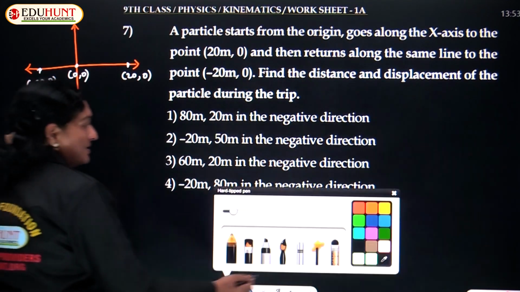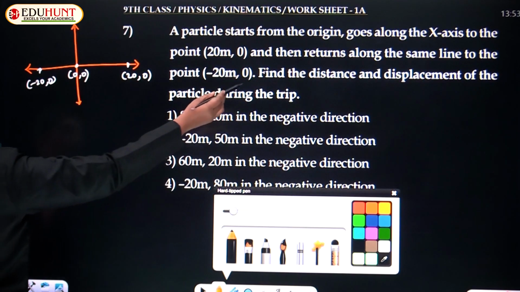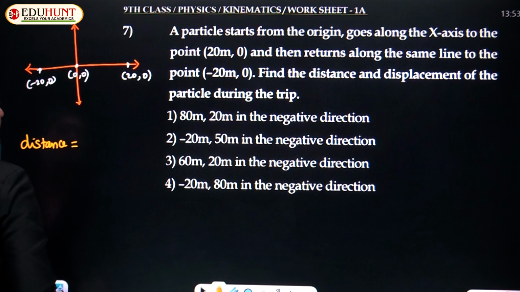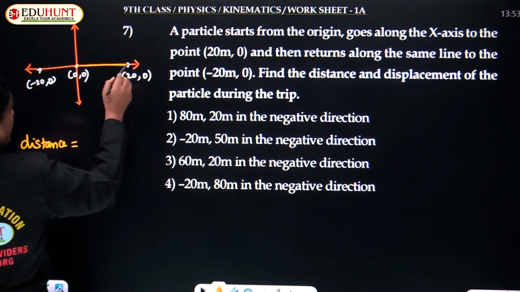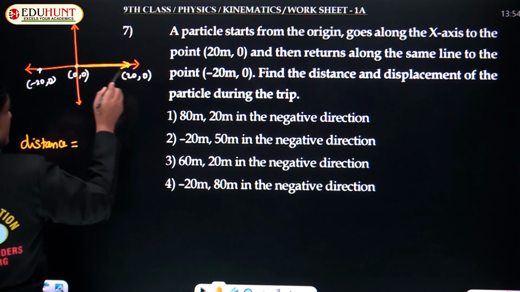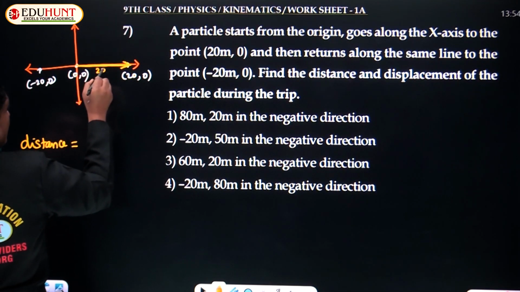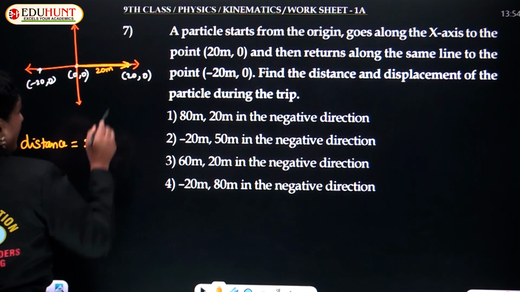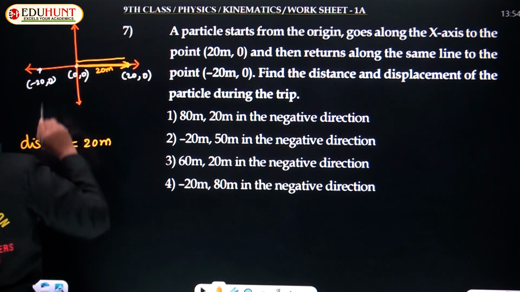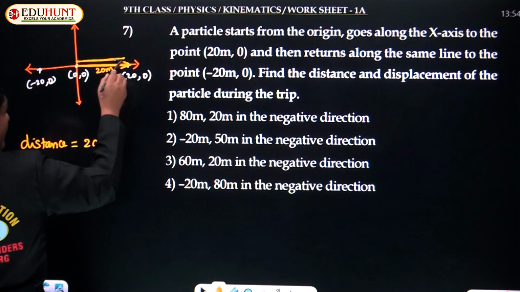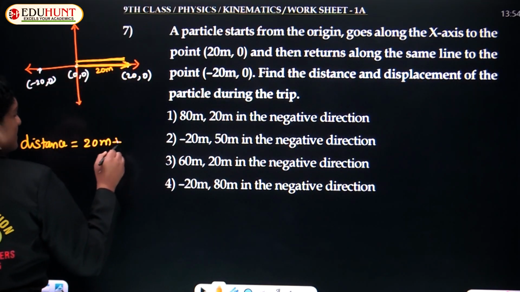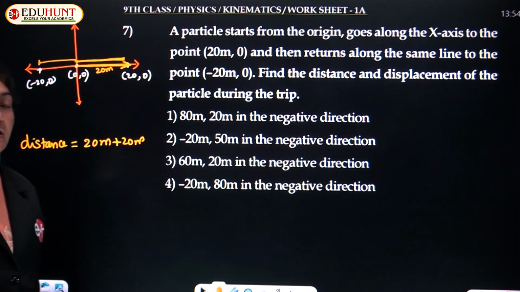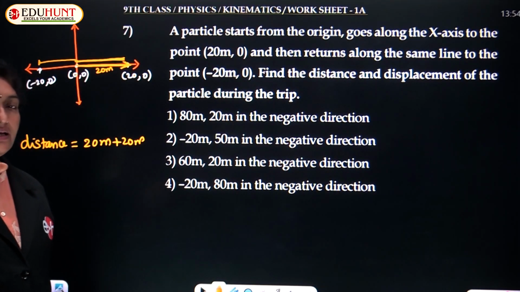So, first of all, let us find out the distance. What is the total distance traveled? The total distance traveled by the body is from here to here. How much has it covered, children? 0 to 20, it is 20 meters. So, initially it went 20 meters. And again it turned back, from here to here, the path length is 20 meters. And again from here to here, distance indicates only positive values, only the magnitude.